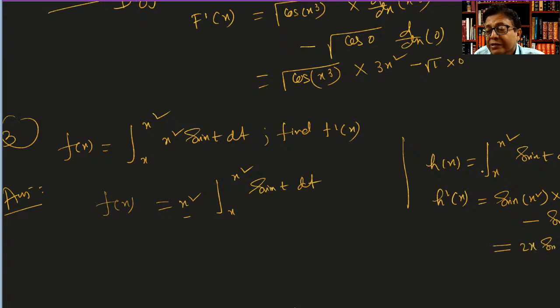So 2x sin x square minus sin x. Hope you have understood.